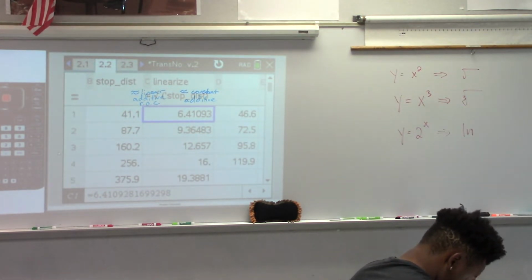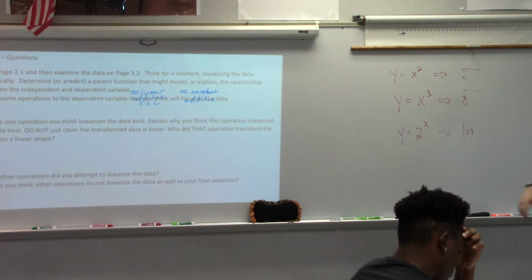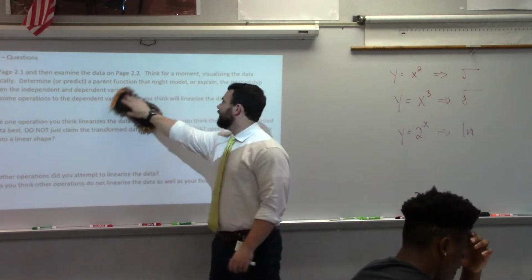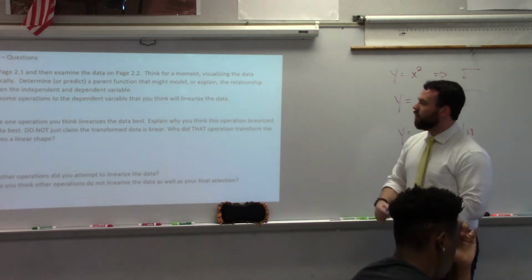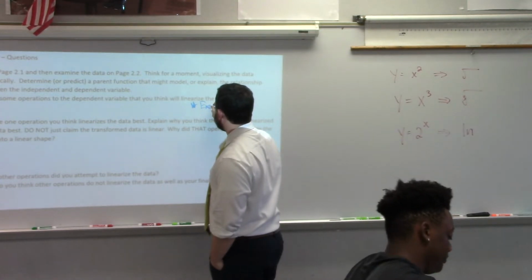So let's follow the directions for the next side of things. I do want you to notice it says apply some operations to the dependent variable that you think will linearize the data. Y'all approach it a different way, right? And so you would want to make a note to yourself that you just examine the rate of change.